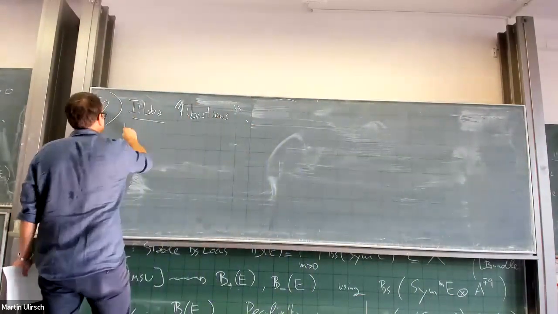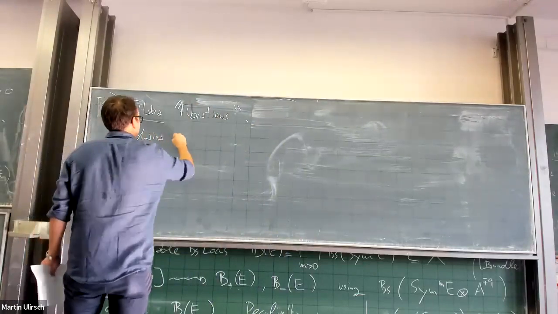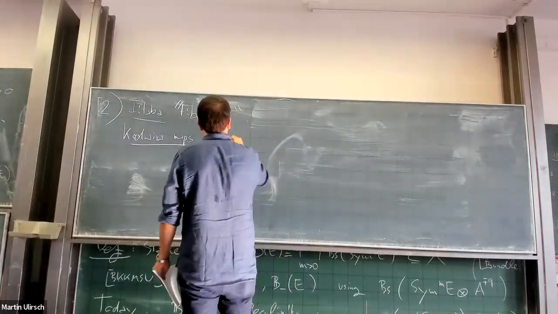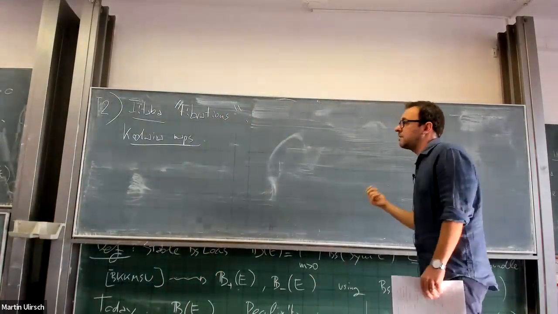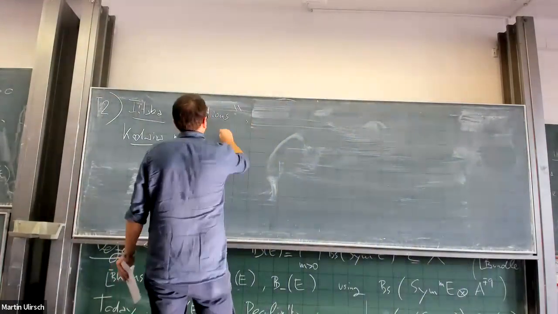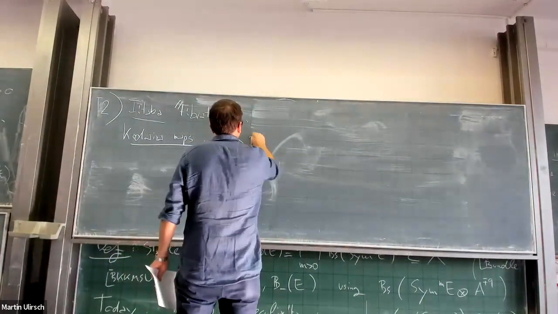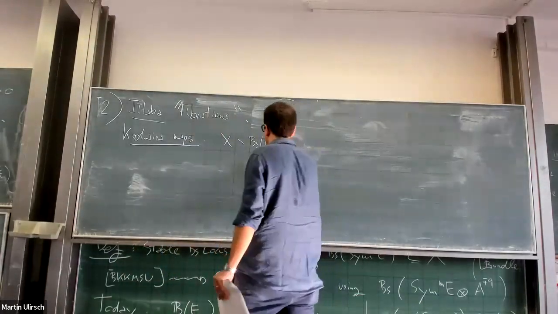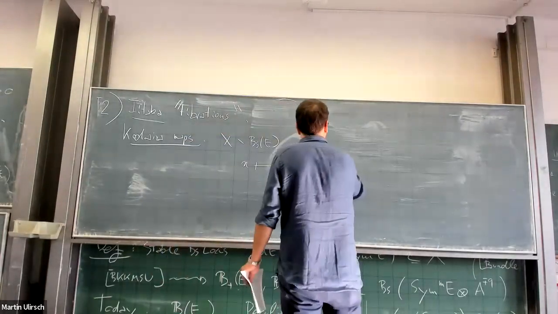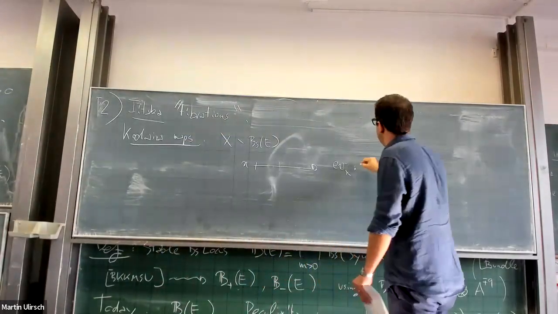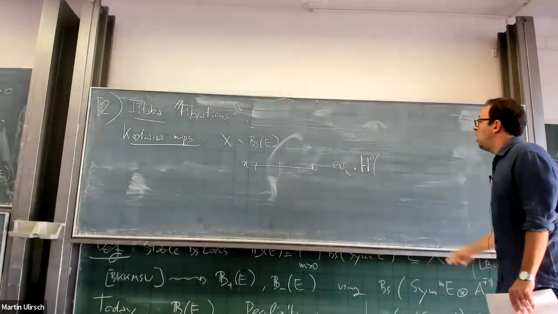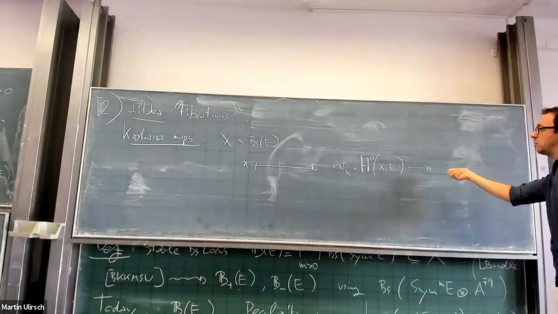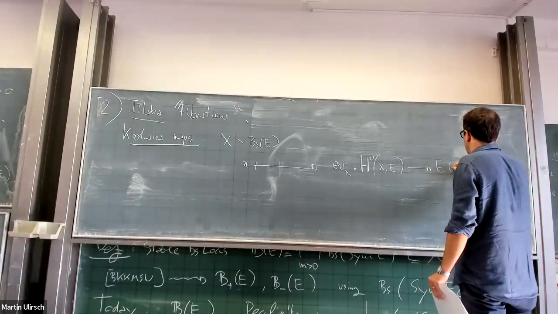We can define a Kodaira map. Consider E a vector bundle. The base locus of E is the locus where E is not globally generated. Outside the base locus of E, we can consider the evaluation maps. So to a point x, we can associate the evaluation map at x, which is a quotient of the sections of E to some vector space, which is exactly E_x.